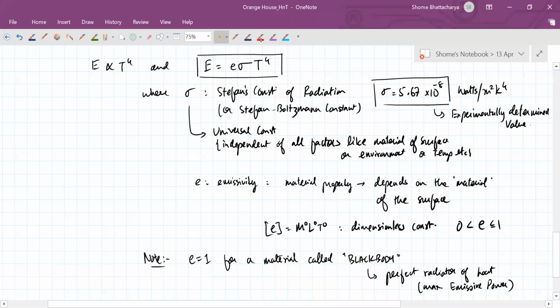Such a perfect emitter of heat called a black body is a theoretical material. It does not exist in practical physics.